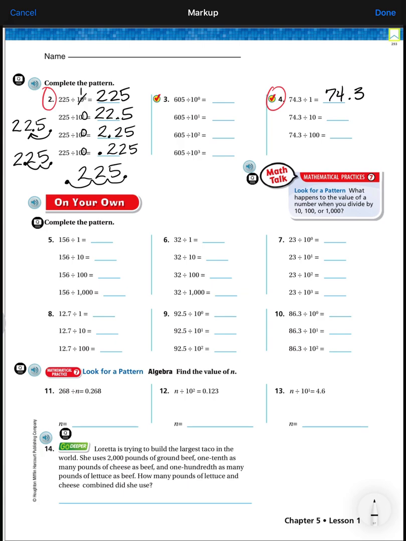Okay? Now let's look at the next one. We have 74.3 divided by 10. Well, that 0, there's only one of them in the number 10, tells me that I have to move my decimal point 1 place to the left. So I have 74.3. That 0 tells me I move it 1 place to the left. I now have 7.43.